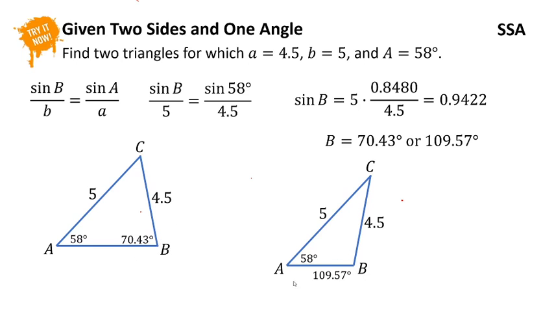But you can see here that the angles here, angle A is 58 degrees, and angle B here can have two different values of 70.43 or 109.57 degrees. So you can kind of see just those two possible solutions there.